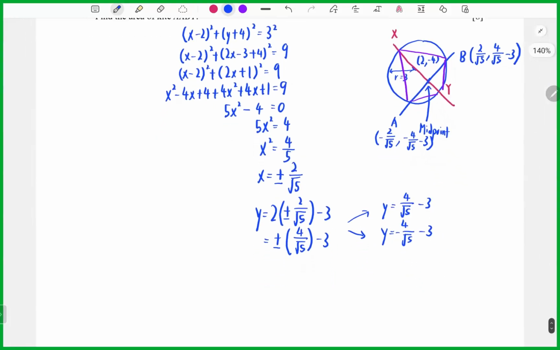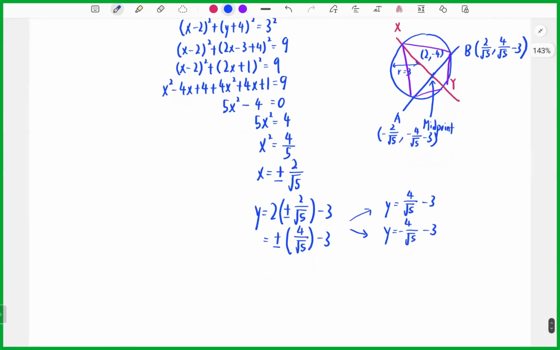So now we can find the length AB. How do we find it?